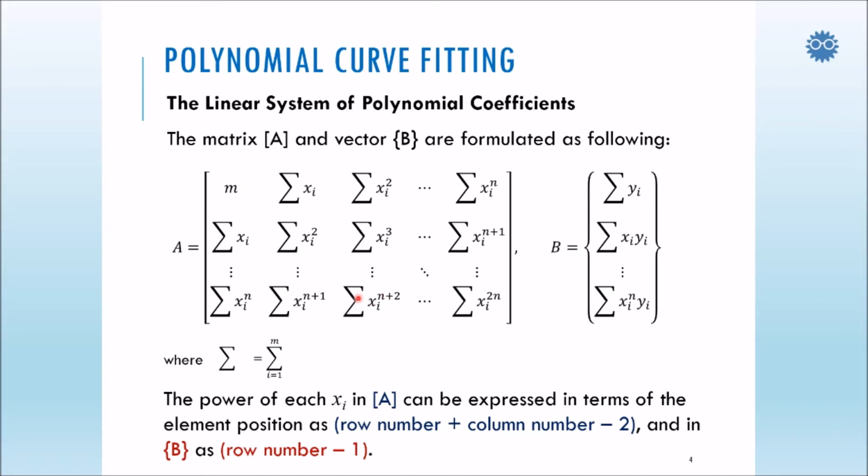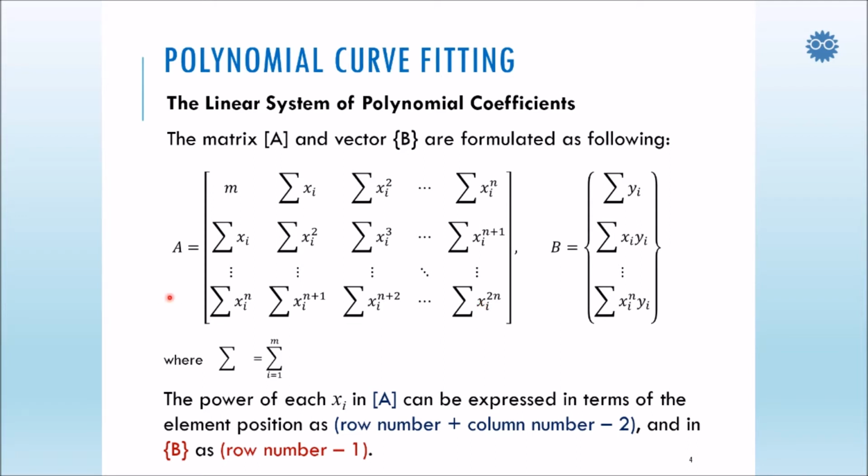So for this element, the row number is n plus 1. The column number is 3. So n plus 1 plus 3 will be n plus 4. n plus 4 minus 2 will be n plus 2. Finally, let's see the last element here.